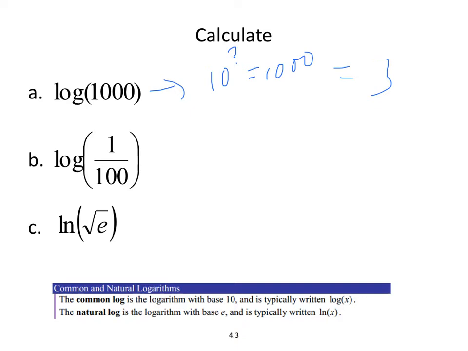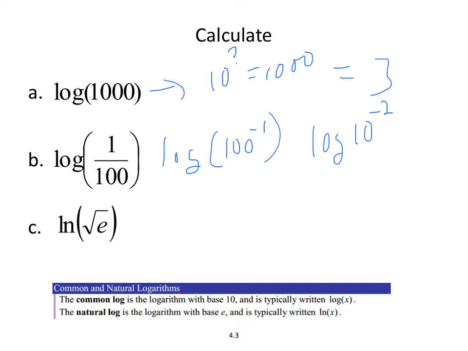Okay, this one, log of 1 over 100. Well, I can do a couple of things here. I know that 1 over 100 is the same thing as 100 to the negative 1. I also know that 100 is 10 squared. So log of 10 to the negative 2 is the same thing as log of 1 over 100.